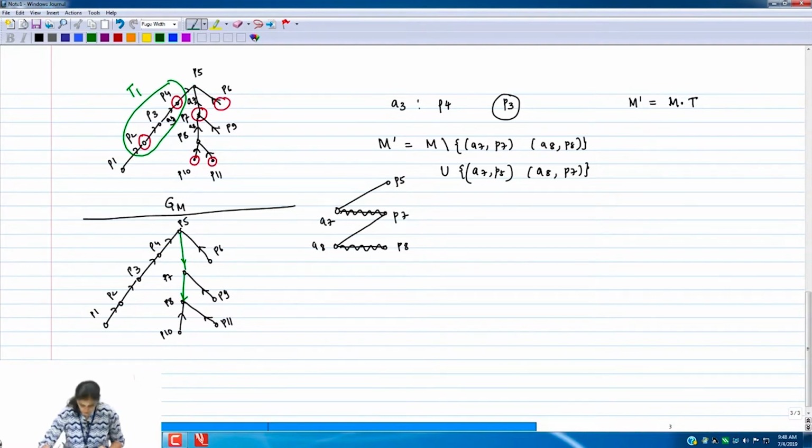So good. P5, P7, P8 was the old path, so I will not agree with that path, okay. So there is another path T2 which is a yellow path, and which is P5, P7, P9, right, that is what you suggested, okay. So let us take, then this I will call as T2.